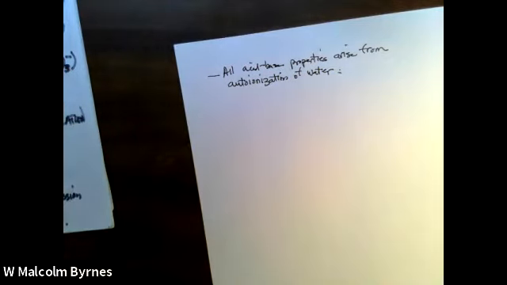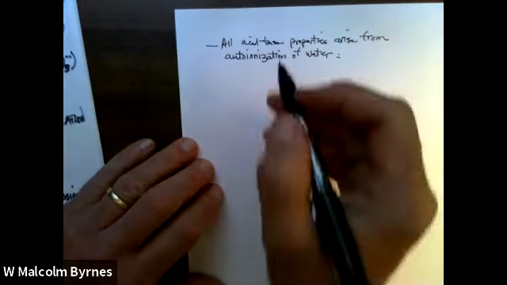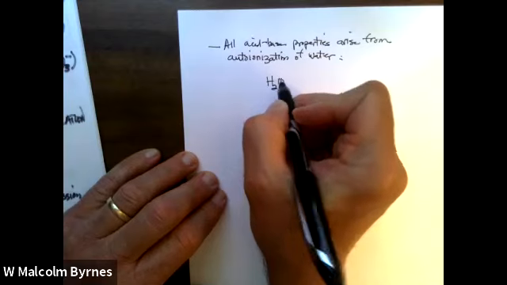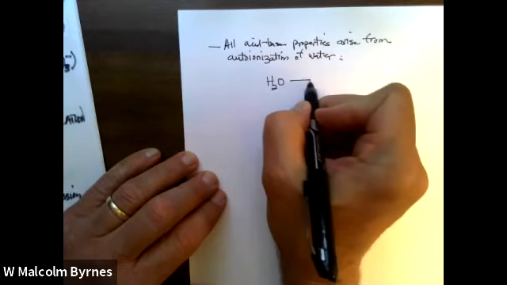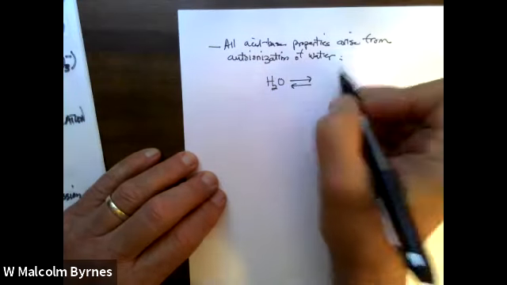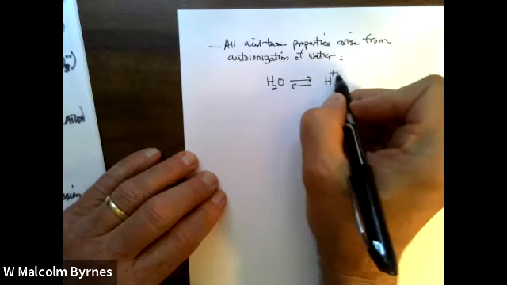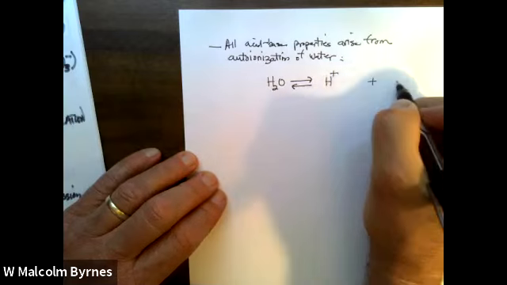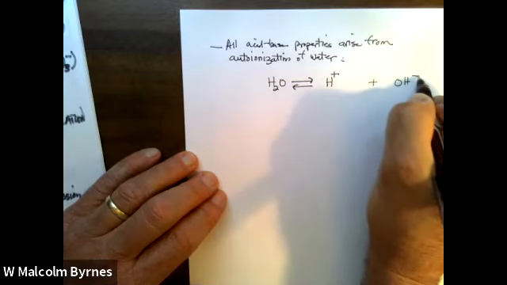Water actually can undergo what's known as autoionization, where an individual water molecule splits apart to form a hydrogen ion and a hydroxide ion.